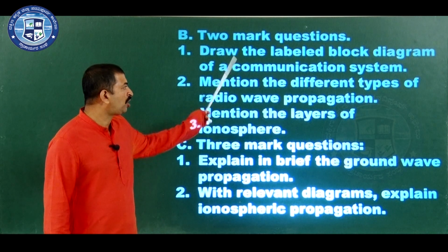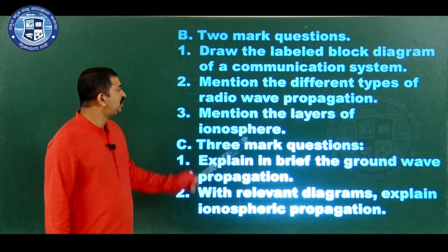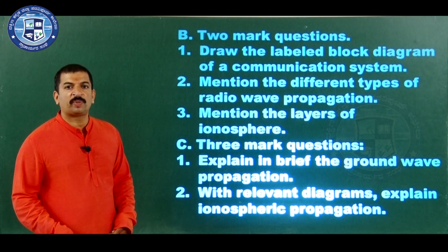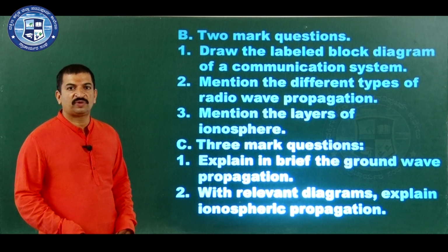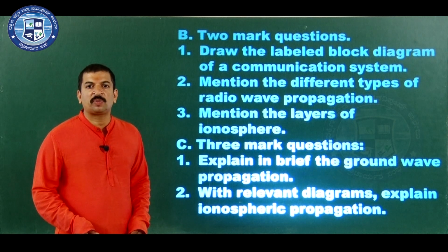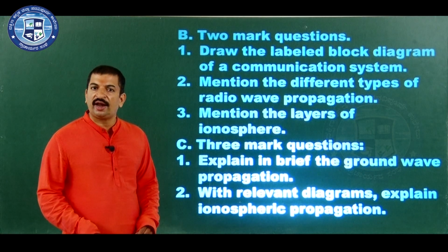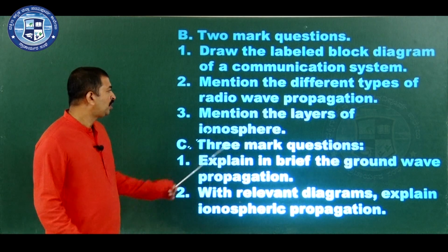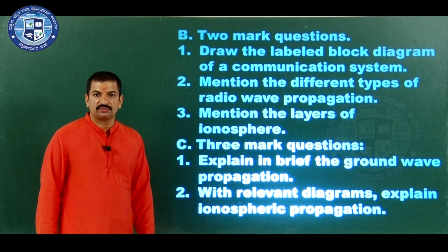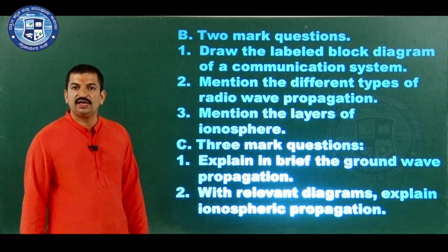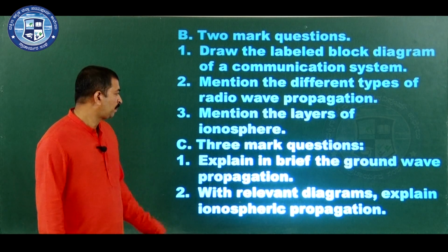You need to draw the block diagram. Mention the different types of radio wave propagation. There are 3 types of radio propagation: the sky wave propagation, the ground wave propagation and space wave propagation. Mention the layers of ionosphere: D layer, E layer, F1 layer and F2 layer.